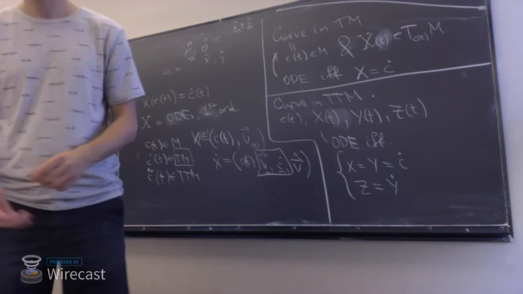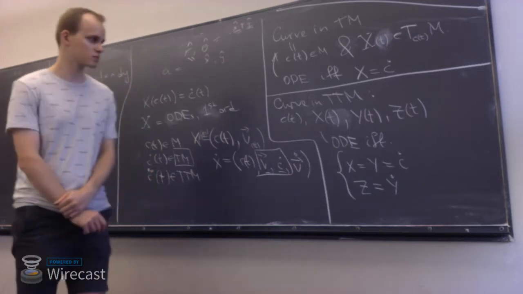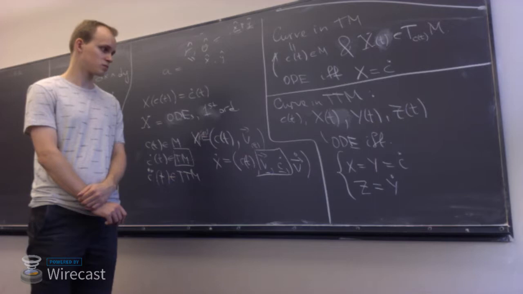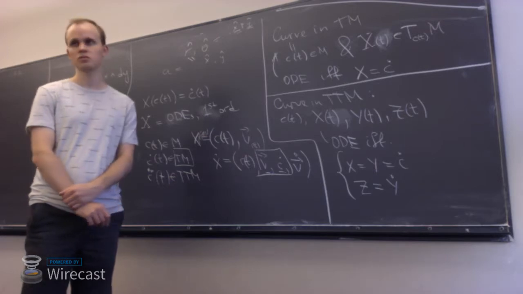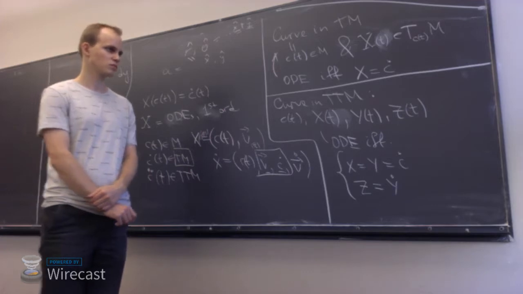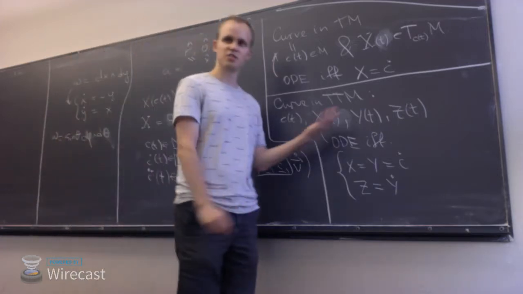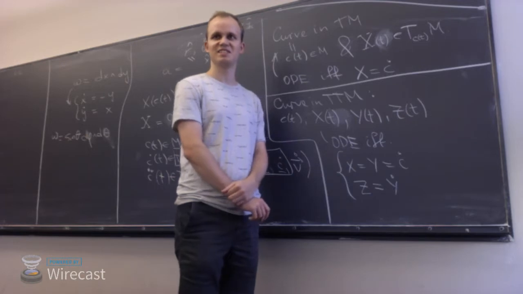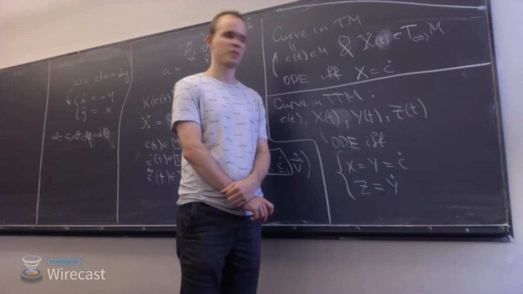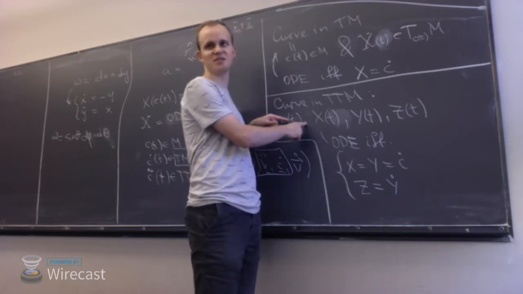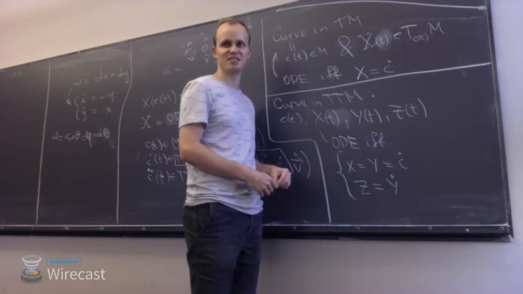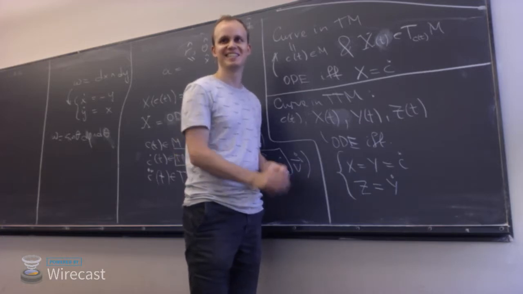Does this handle, let's see, does this handle nonlinearities? Linearity doesn't even make sense on the manifold. Linear in what? The unknown here is c of t, right? But it's a point on the manifold. What does it mean to be linear in the point of the manifold? Right?